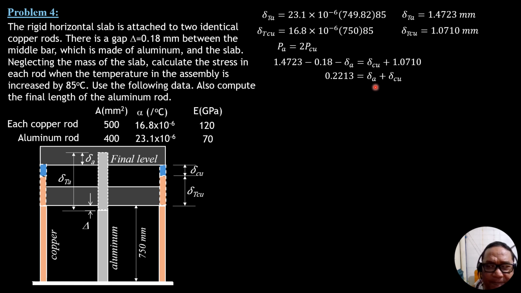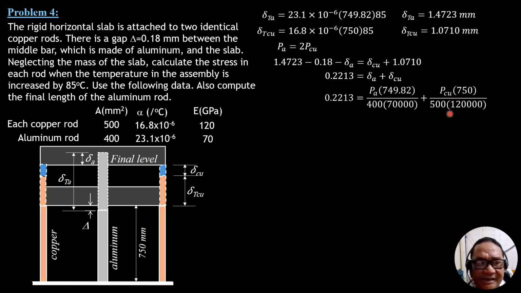Delta A is force in aluminum times length of aluminum divided by AE of aluminum, plus P of copper times length of copper divided by AE of copper. So 0.2213 equals P of aluminum times the length of aluminum, originally 749.82, over 400 times 70,000, E of the aluminum rod, plus force in the copper rod times length 750 over area of the copper rod 500 times 120,000, modulus of elasticity in megapascals.